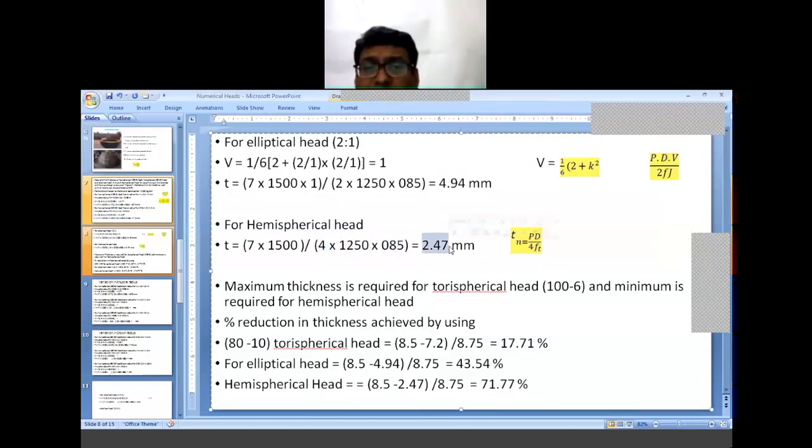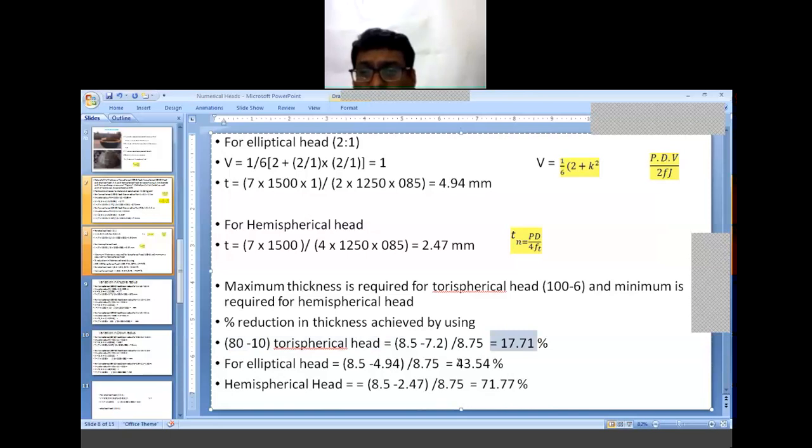Now for percentage, if you look at it, the maximum thickness is required for the torus spherical head 10-6, and the minimum is required for the hemispherical head, that is 2.4 millimeter. So what is the percentage reduction in thickness for using this 80-10 torus spherical head? That comes as 17.71.